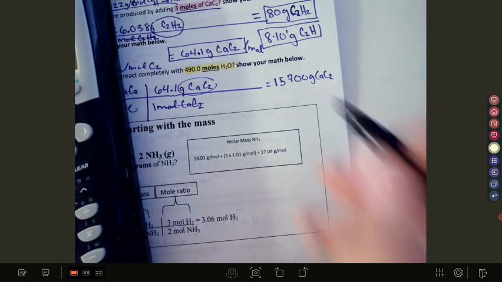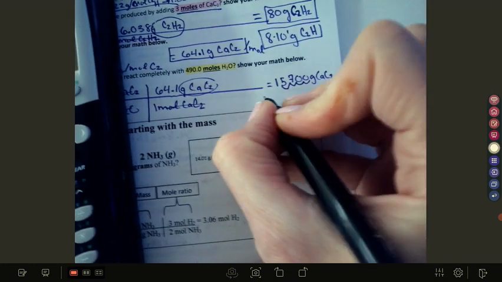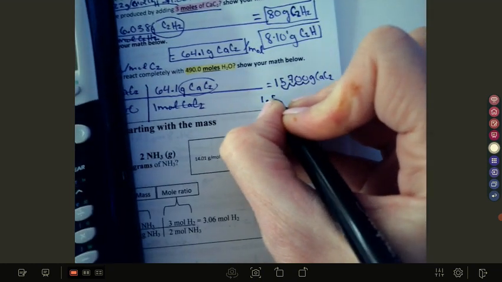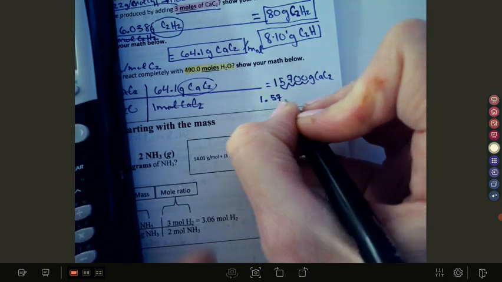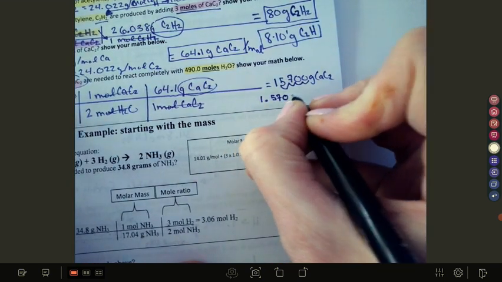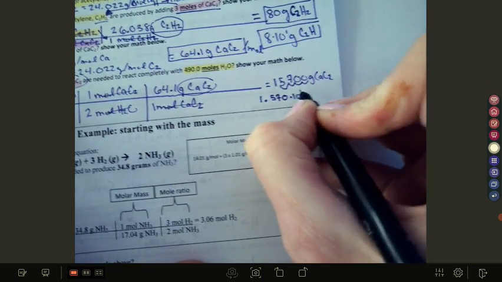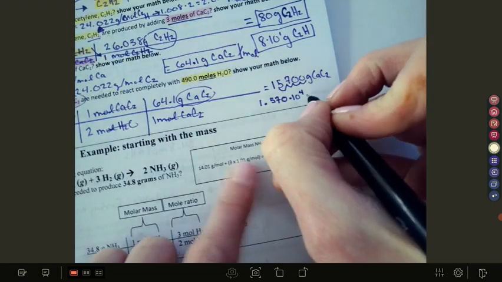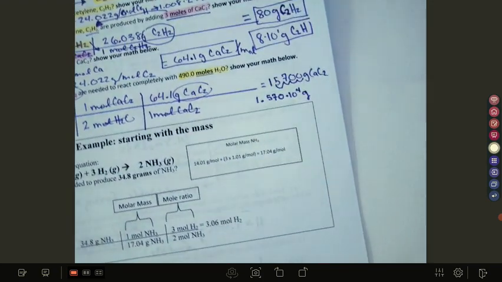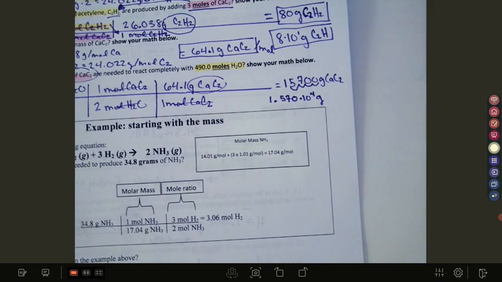So remember, we move the decimal 1, 2, 3, 4 times. So we get 1.57. We need 4 sig figs, so I have to put a 0, times 10 to the 4th. And then remember, put your unit right behind that. That whole number, the 10 to the 4th included, is part of your numerical value.